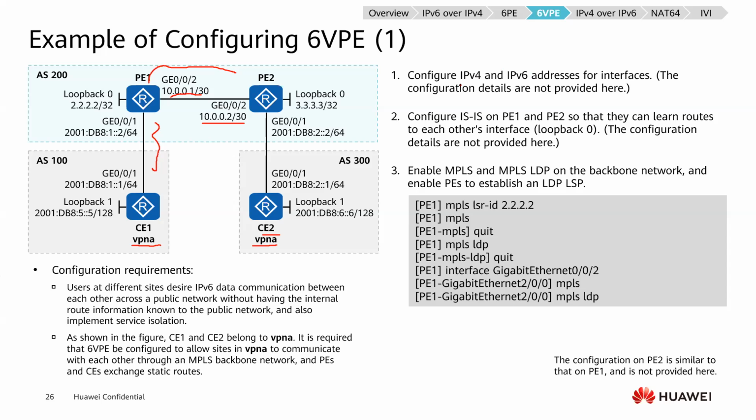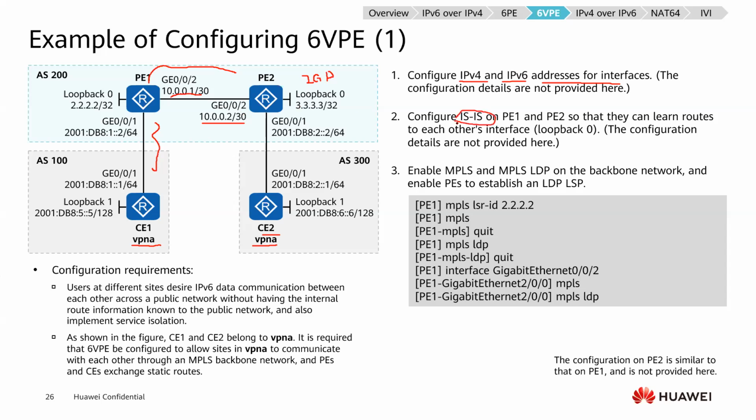So you need to establish an IPv6 VPN tunnel over the v4 network. First step, you need to configure the v4 and v6 addresses for each interface. Second, you need to configure the underlay network communication, such as configuring the IGP for AS200. As usual, in this scenario, it's just like the previous scenario.